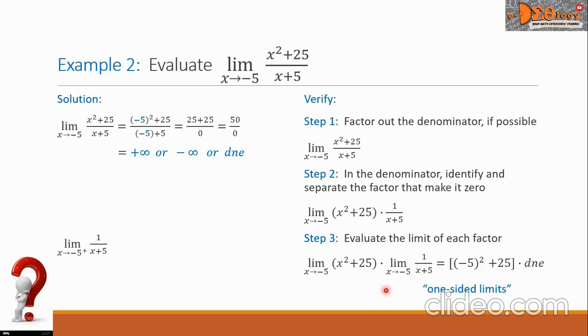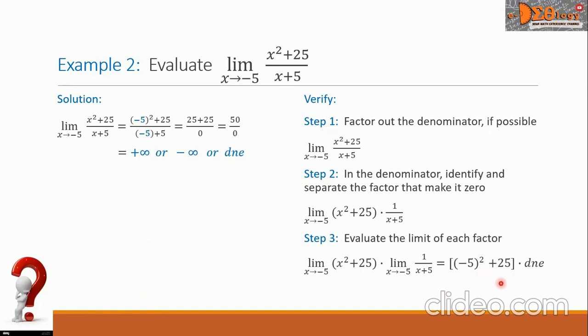We can take first the right-hand limit of this function. Evaluating this limit, we will get positive infinity, while the left-hand limit of the same function will give us negative infinity. In this case, we can see that the one-sided limits are not equal. As a rule, the two-sided limit does not exist.